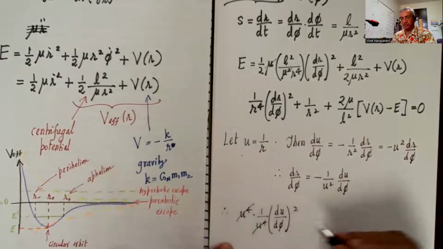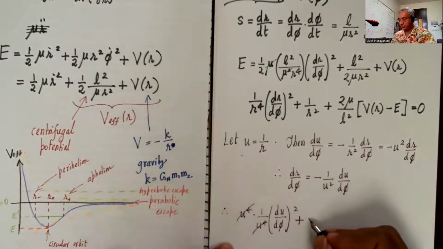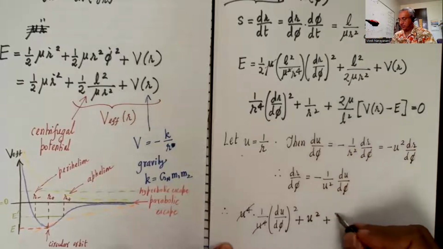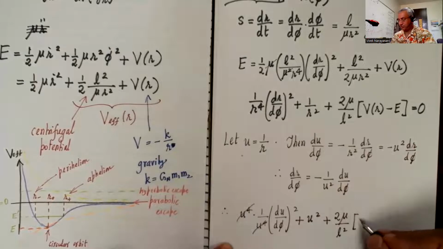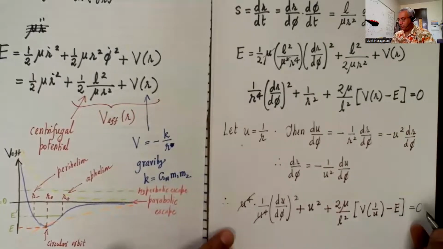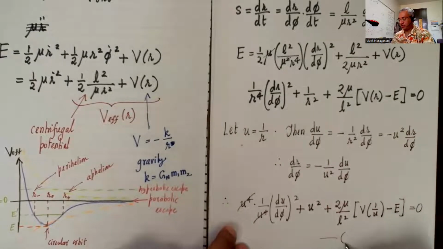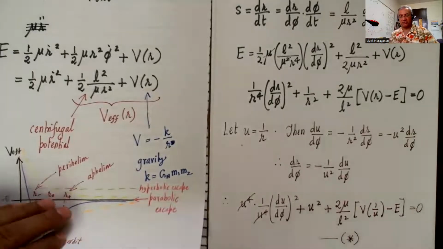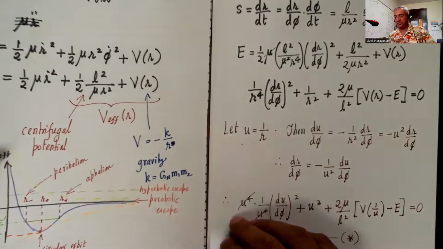Observe that these two cancel out, plus u squared, because 1 over r squared becomes u squared. And then here, there's nothing going on except that V has become a function of 1 over u instead of r. This important equation I'm going to call equation star. We'll come back to equation star soon. So we're going to use equation star.